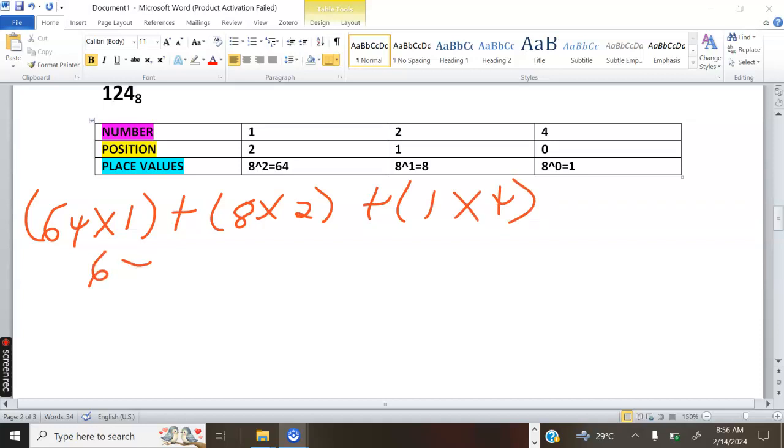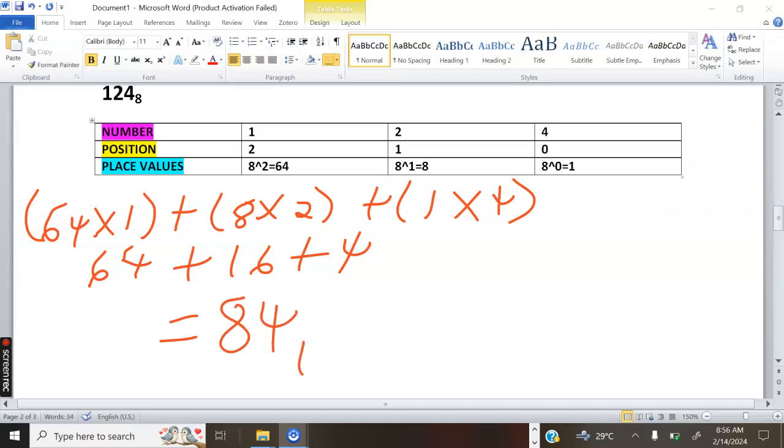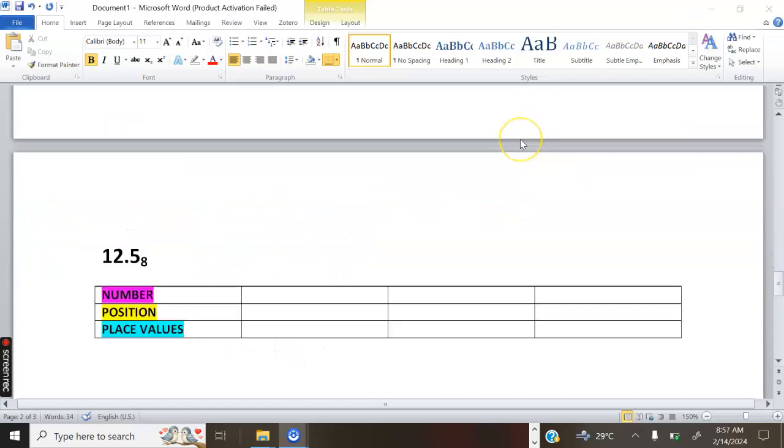This is 64 plus 16 plus 4. 64 plus 16 is supposed to give us 80, plus 4 should give us 84. So the answer is 84 base 10. So the octal 124 converted to decimal will be equivalent to 84 base 10. Okay, I hope up to that point we are together.